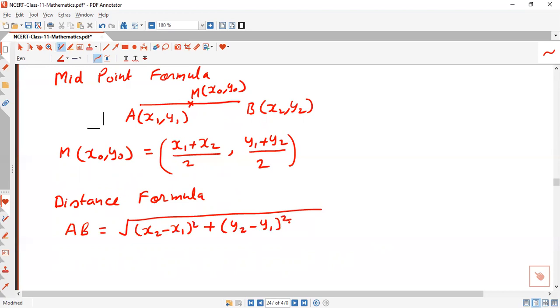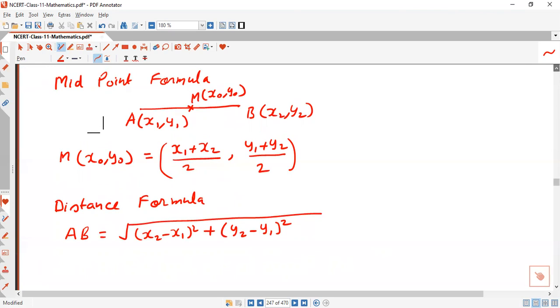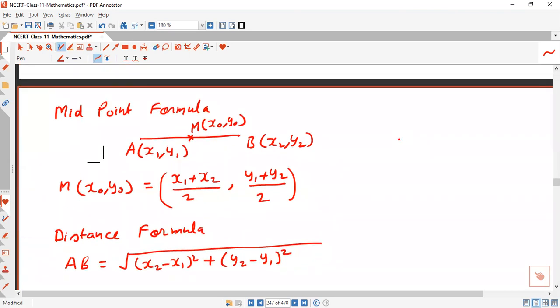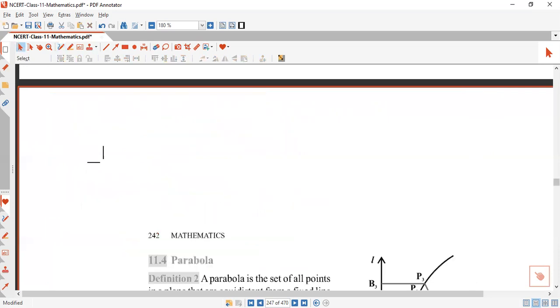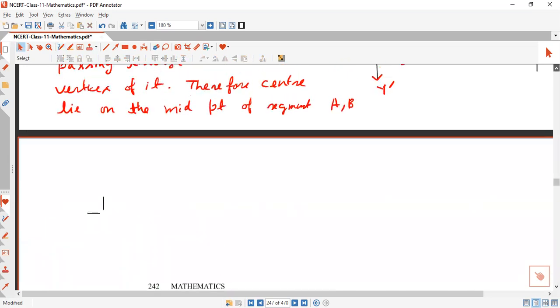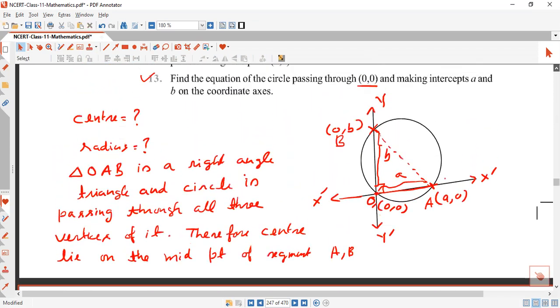So these two formulas we will use in this question. Now coming back to the question, this is the concept that we are going to use.